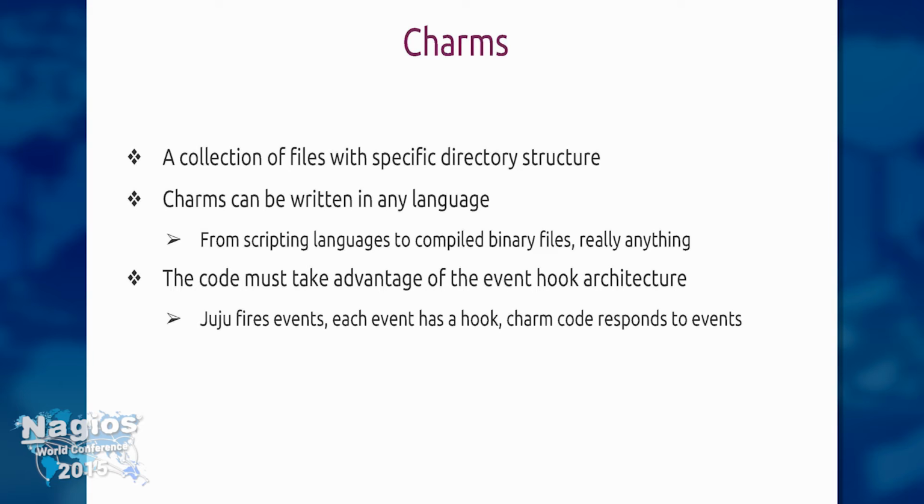So what are charms? I mean, basically we're looking at a collection of files and directories. They can be written in any language. I've written charms in Bash, Python. You can write them in Go or any of the languages that will run in the cloud. Really anything. They just need to respond to those hooks, and the way that they can do that is just being an executable file with a specific name in a specific directory.